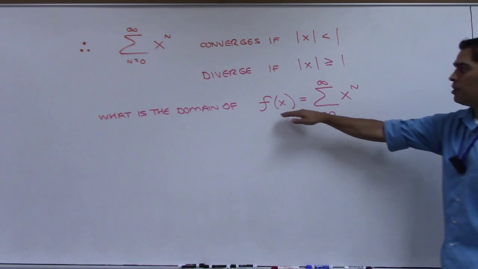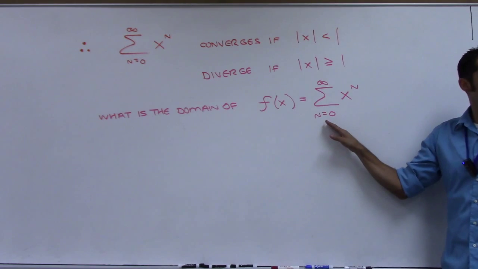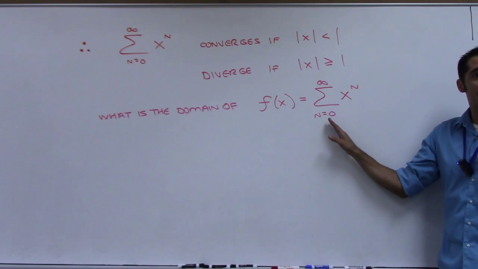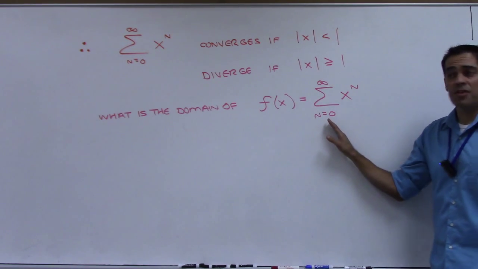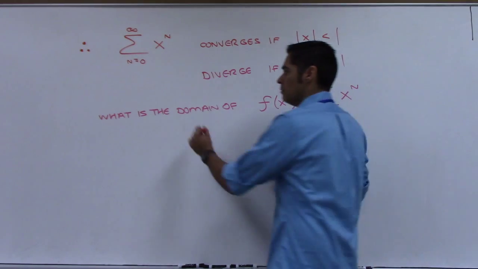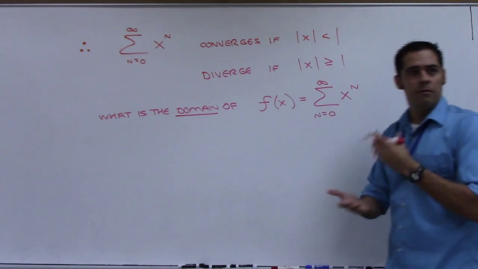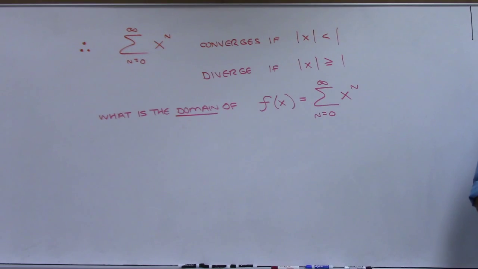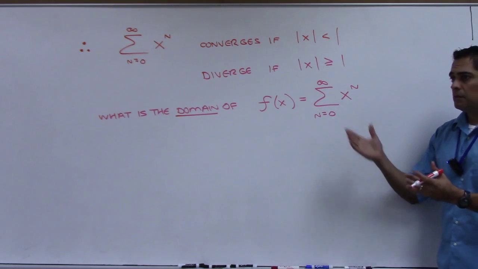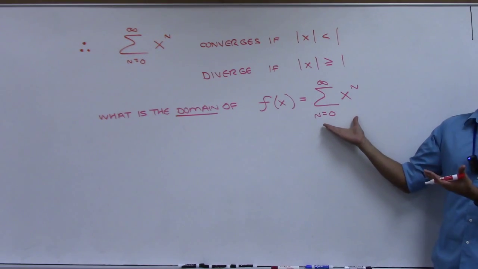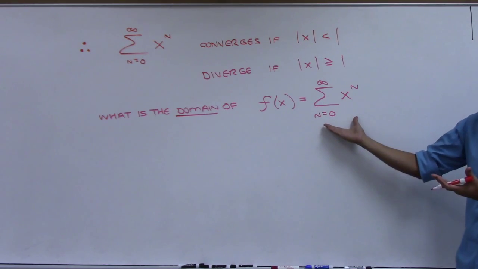So I've defined a function to be an infinite polynomial, right? A power series. And I'm asking you for the domain, which is equivalent to asking you, for what values of x does this converge?